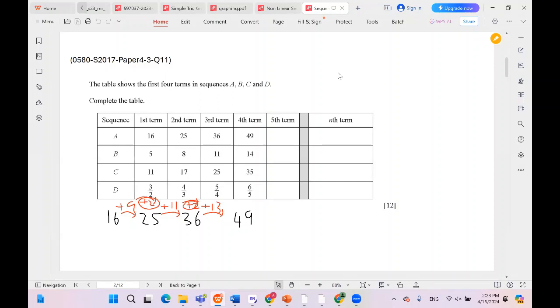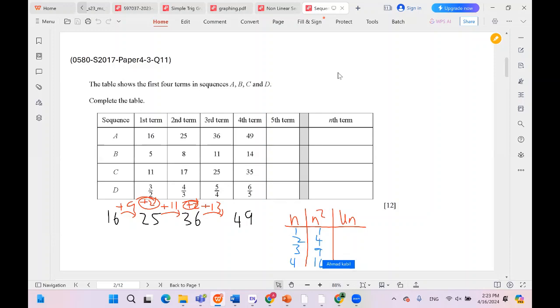We're going to write down n, n squared, and un. So for n, we have 1, 2, 3, 4. For n squared, we have 1, 4, 9, and 16.